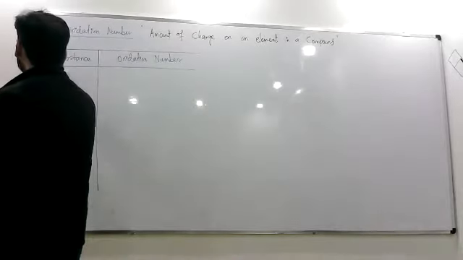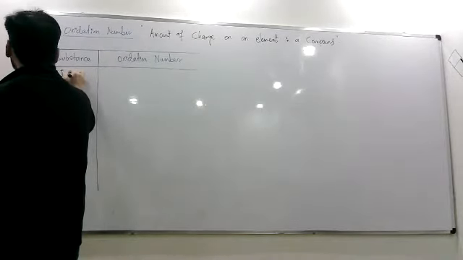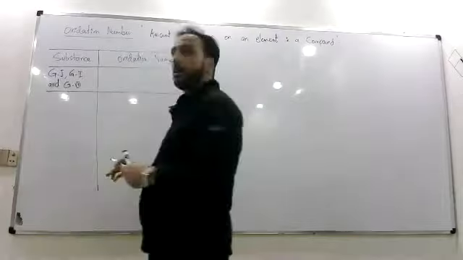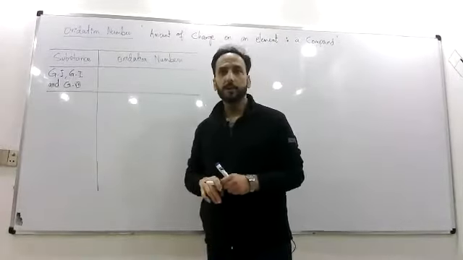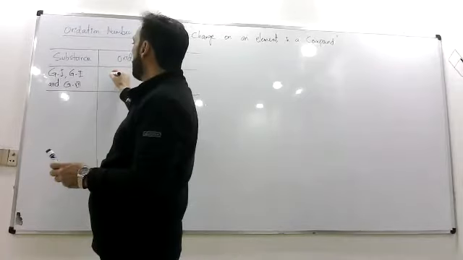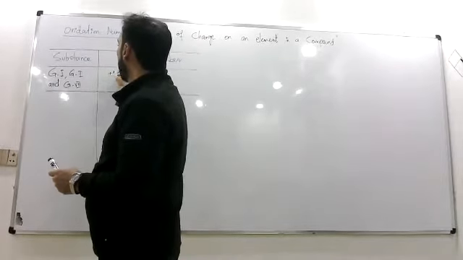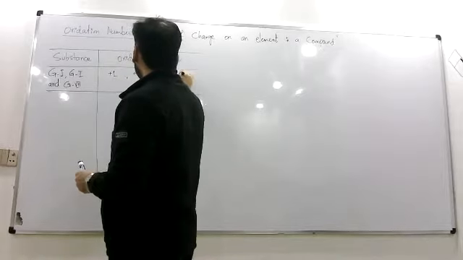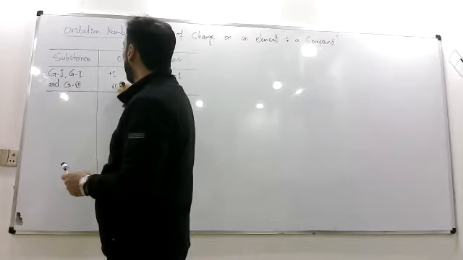So first one is group 1, group 2, and group 7 elements. Their oxidation numbers are +1, +2, and -1 respectively.